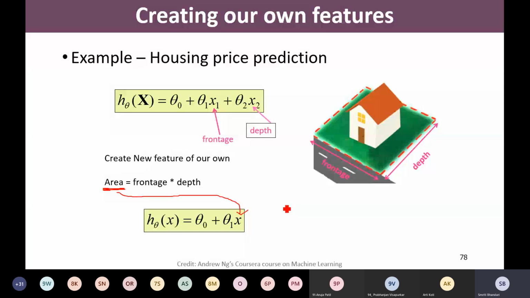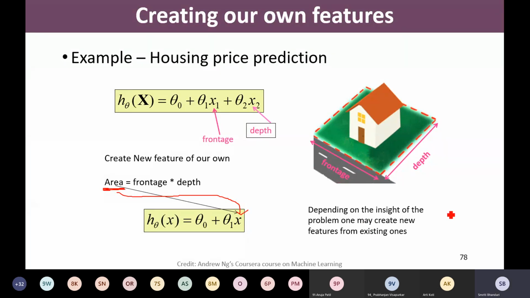This is just one example to demonstrate that depending on the insight about the problem, it is possible for us to decide which features to consider, or, if possible, to create some new features based on the existing features, so that we may come up with an effective model, right? So I think the idea is clear now.